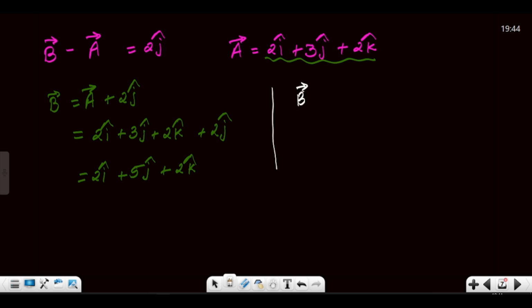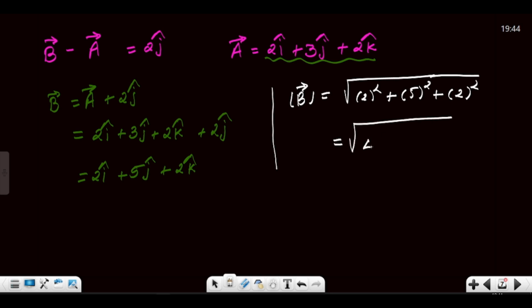Mod of vector B is equal to under root 2 square plus 5 square plus 2 square. We are getting under root 4 plus 25 plus 4. So ultimately our answer is 4 plus 4 is 8, 8 plus 25, that is under root 33.